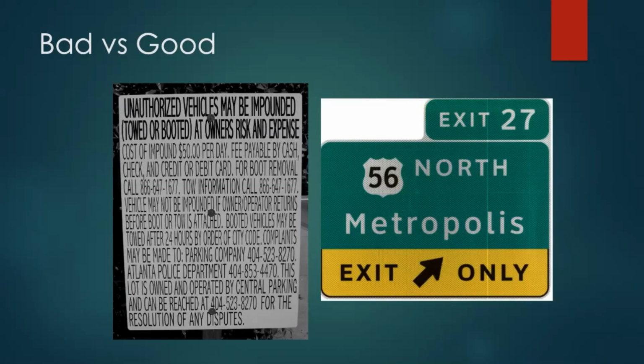On the right-hand side, this kind of standard highway sign does a fairly good job of making things legible both day and night, right? The reflectivity of these signs. But you also got a good gestalt grouping here, such that the primary source of information about what you care about is up top, saying it's an exit to 56 North towards Metropolis.